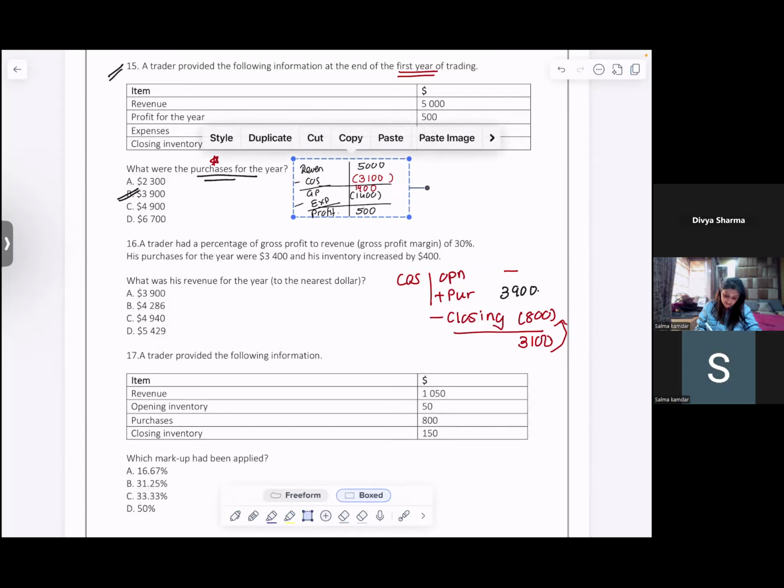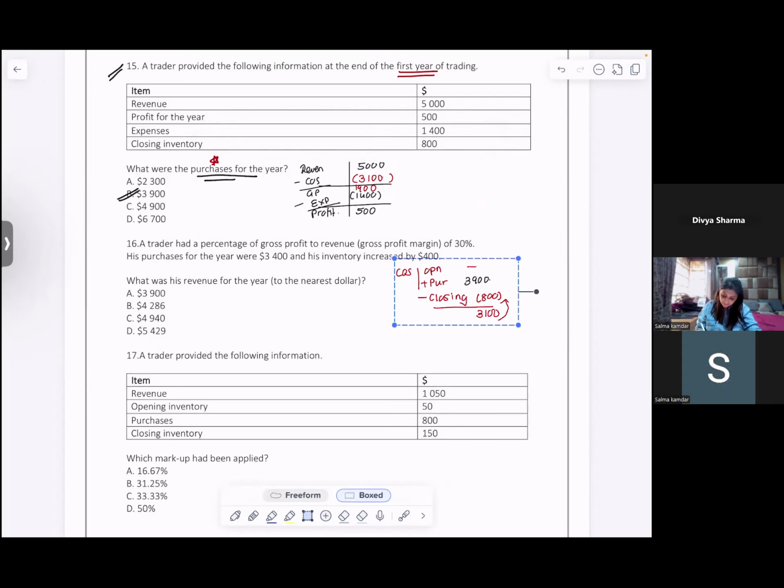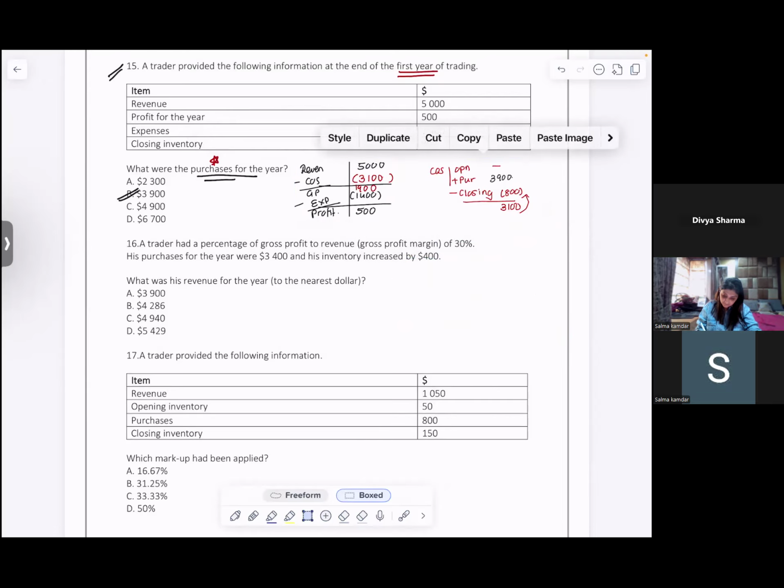What is there in the 16th one? You have to calculate his revenue to the nearest dollar. What is being given to us? The gross profit margin is 30%.